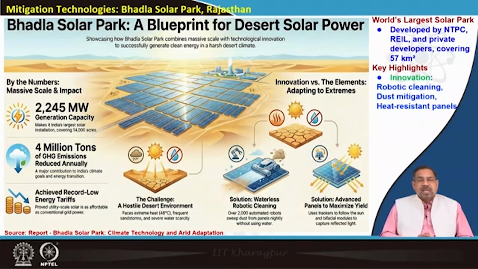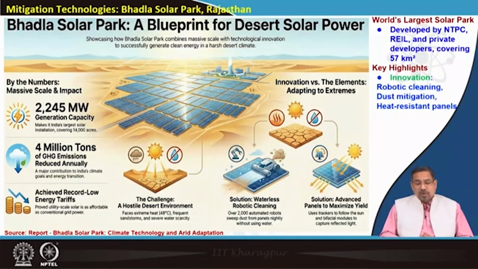The challenge is the holistic desert environment. When it is put in a desert area in Rajasthan at Bhadla, it faces extreme temperatures of 48 degrees centigrade, and also frequent sandstorms and severe water scarcity. As far as the solution is concerned, we need robotic cleaning, waterless robotic cleaning.